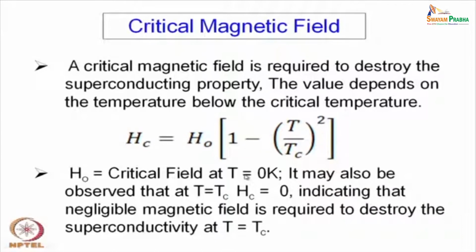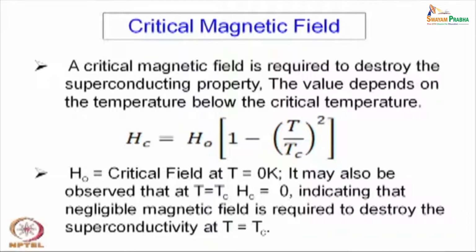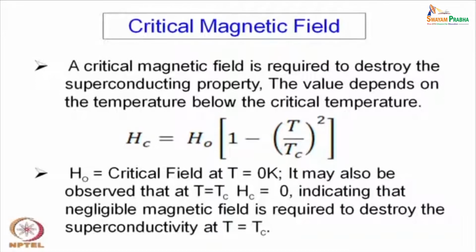We will see in the next curve what exactly it means. So, this is a critical magnetic field even below Tc. It does not mean that at or below Tc, a superconductor will remain a superconductor all the time.